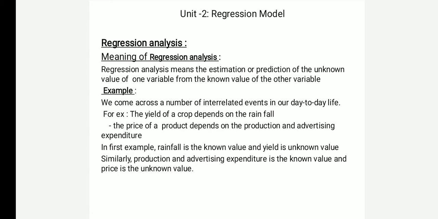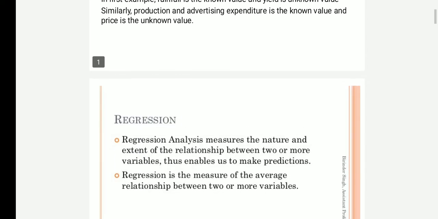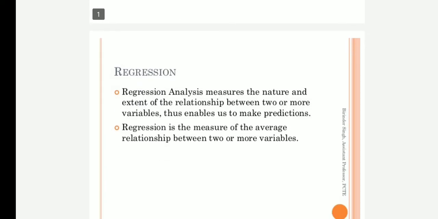So, regression analysis is one of the very scientific techniques for making such predictions. Regression analysis measures the nature and extent of the relationship between two or more variables, and thus enables us to make predictions.